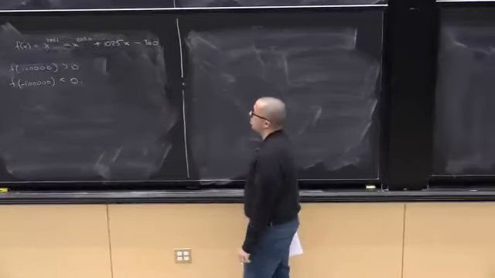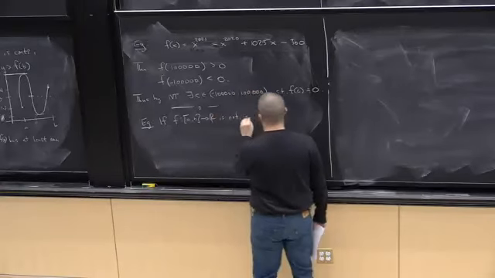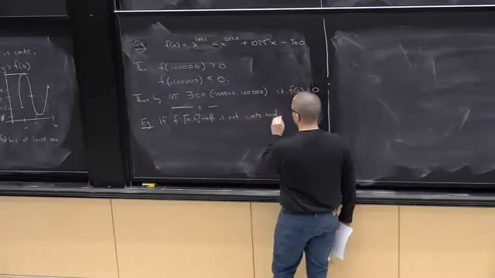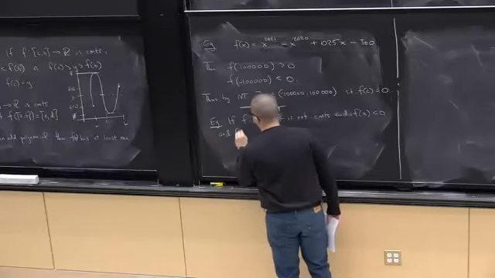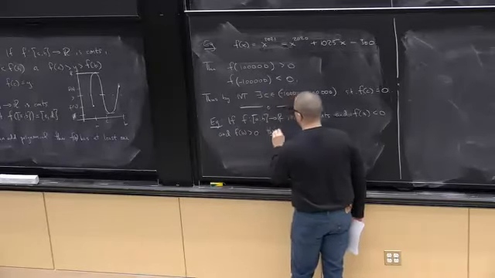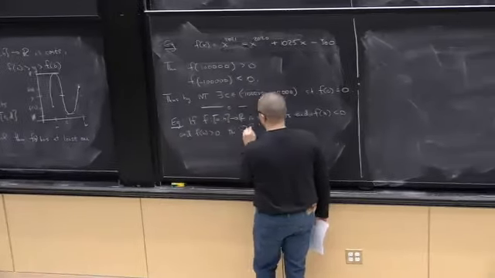And you can see that the answer is no. So the question is, if f from a closed and bounded interval is not continuous, and let's say f of a is less than 0, f of b is bigger than 0, then does there exist c in (a, b) such that f of c equals 0?